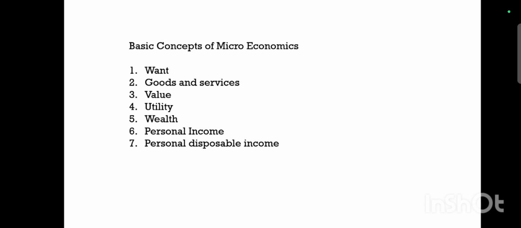So, the meaning of personal income is earnings received by a person from all the sources. Personal disposable income is that part of personal income which is left over after the payment of tax, such as income tax, wealth tax, etc.